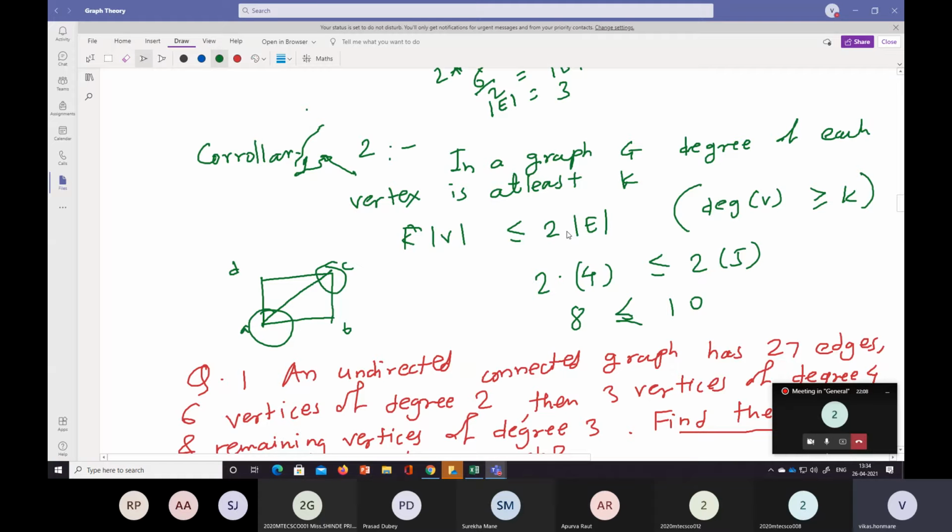For the complete graph, the total number of edges is more. And if we use another graph, then in that case the total number of edges is less. And if in a graph every vertex has degree at least k, then we can say that k into v is less than or equal to 2 into e.